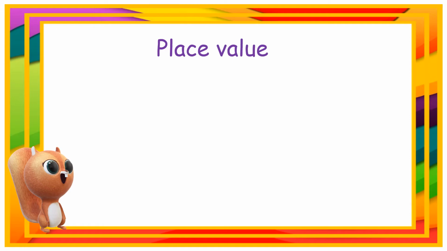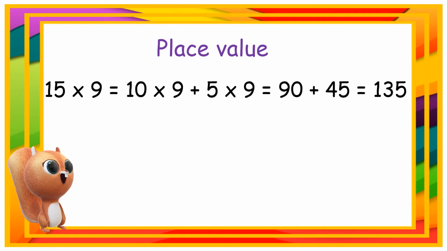One of them could be our place value. Here is an example. We want to multiply 15 by 9. Now, rather than thinking, should I use the long method of multiplication or the short method? An easy way could be using our knowledge of our place value.